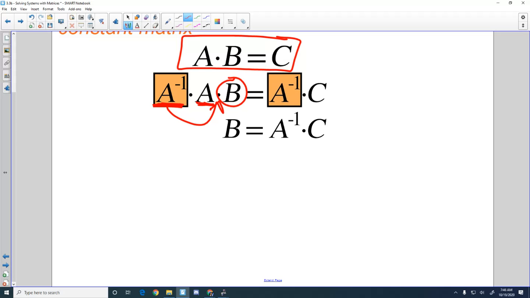So when we multiplied by A inverse, you're basically looking at the calculation here. And whichever matrix you want to cancel out, you multiply by its inverse on whichever side is open, whichever side doesn't have a matrix next to it already. So in this case, if I wanted to cancel out matrix A, I'd have to multiply by A inverse on the left, because the left side of matrix A is open. There's nothing there.